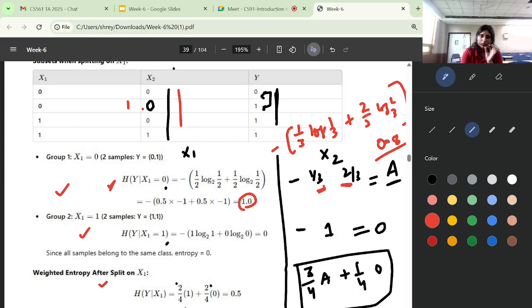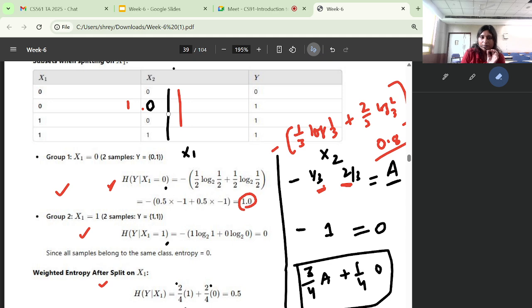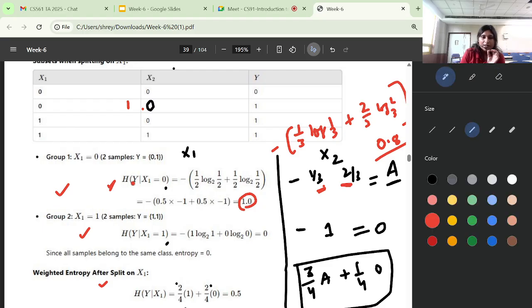Madam, how are we taking 1 by 3 and 2 by 3? Just think about this. See here. I am saying entropy of y given x2 equal to 0.